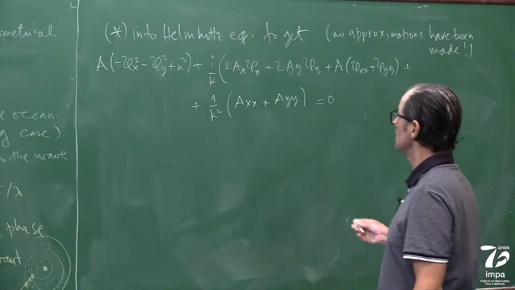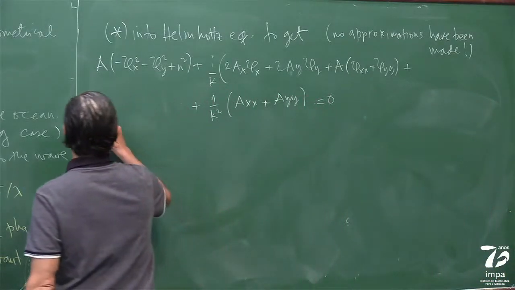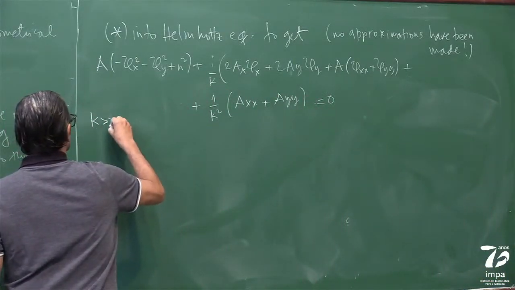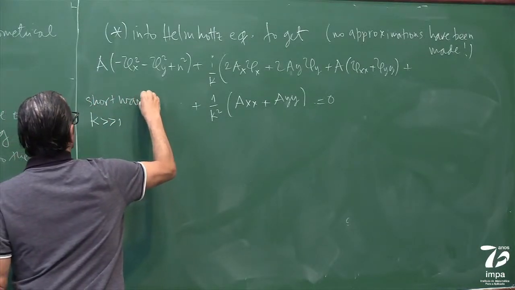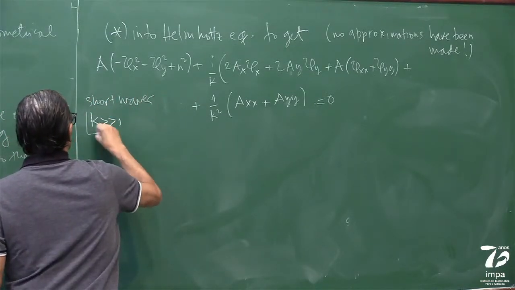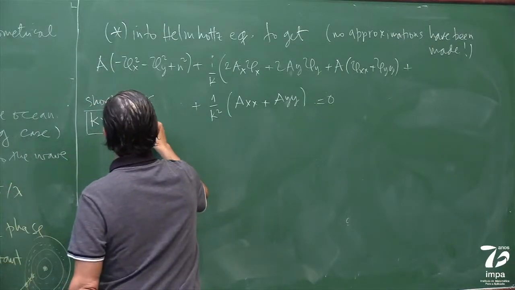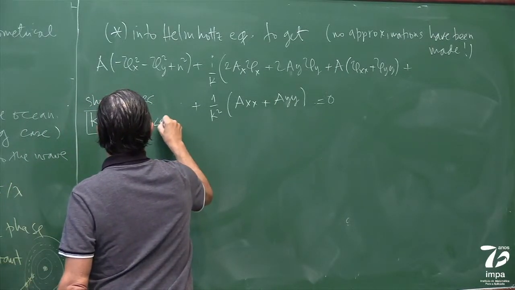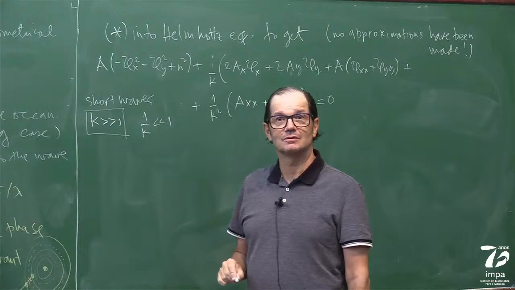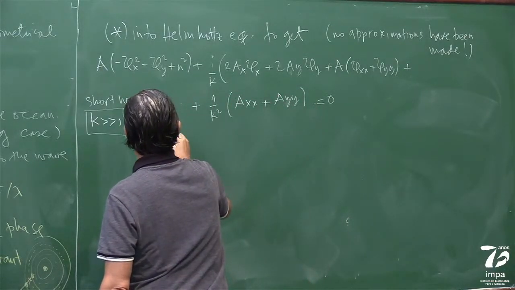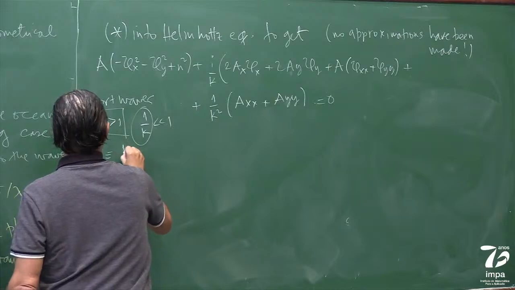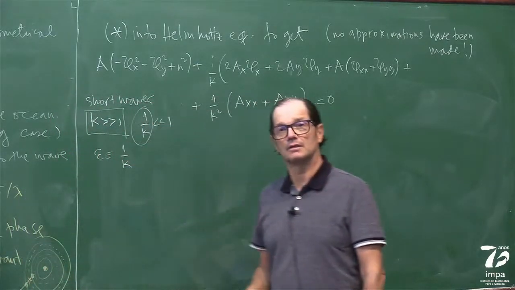Well, look now. Our main hypothesis is this. Remember, short waves. So this is the same as saying that 1 over k is very small. So call epsilon 1 over k.